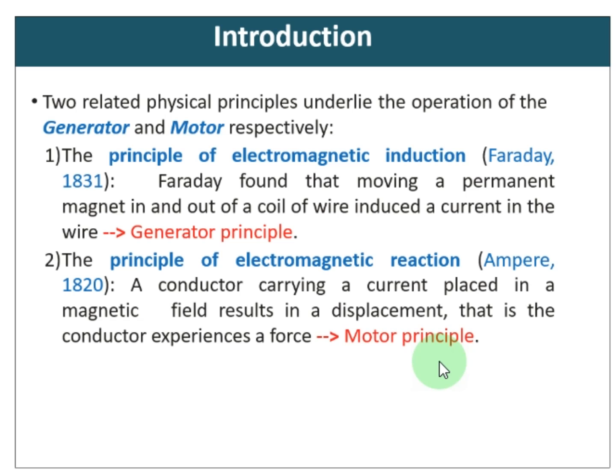That is used in generators. And the other one: if you place a current carrying conductor in a magnetic field, then there will be a force on the conductor. That is what we use in electrical motors.